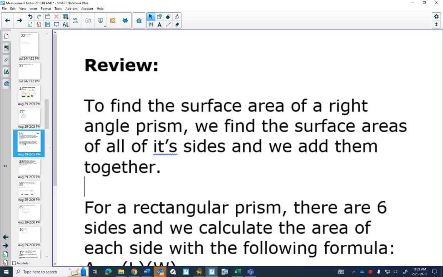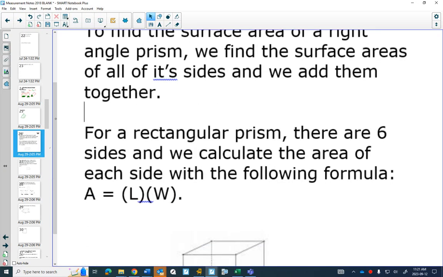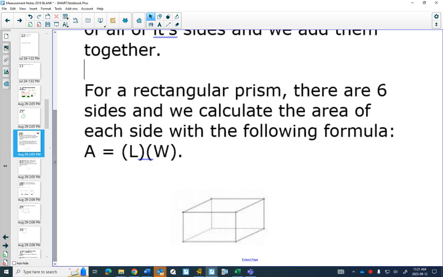Do you remember it because you've done it lots from grade 7, 8, and 9? Length times width. So we're going to find length times width and add them together. For our rectangular prism, there would be 6 sides, and each of them would use this formula for a rectangle, which is length times width.